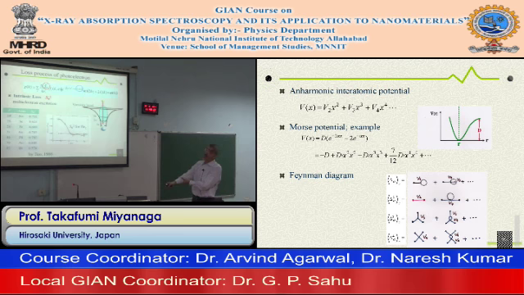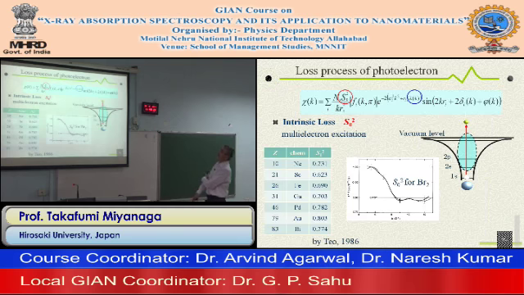Now, we discussed the reduction factor of the XAS functions. The Debye-Waller factor is also a reduction factor, the thermal reduction. The next reduction factor is the intrinsic loss, which we usually write as S0 squared.